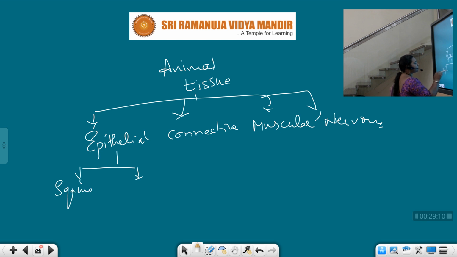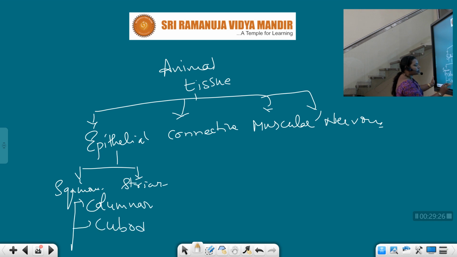Epithelial tissue is divided into 4 types: squamous, columnar, cuboidal, and ciliated.